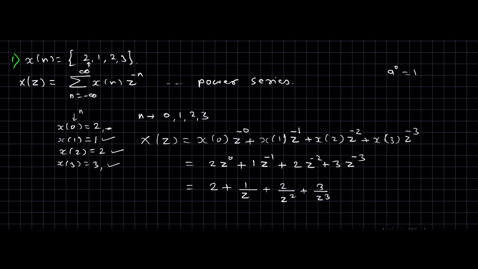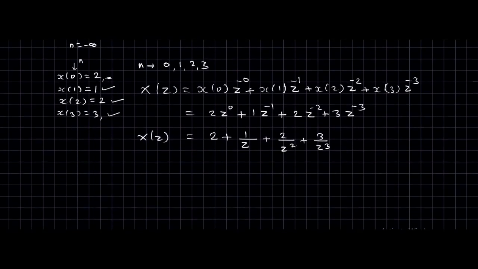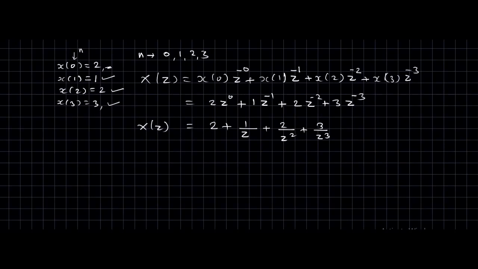Now we are interested in the region of convergence of X of z. Now what happens? See, let us put z equal to 0 in this equation. What will happen? X of z is equal to 2 plus 1 by 0 plus 2 by 0 plus 3 by 0. So it is 2 plus infinity, so it is equal to infinity.